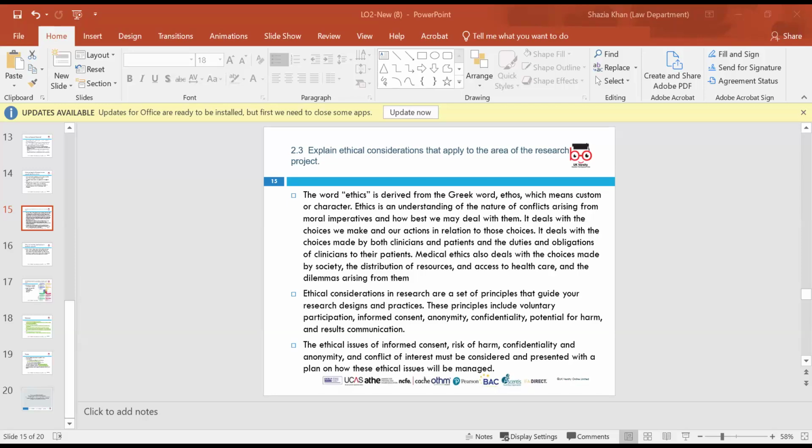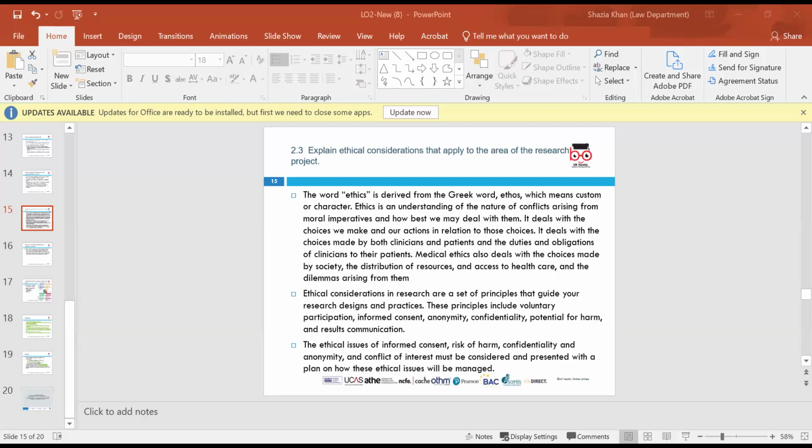Especially in health and social care, when you're looking at the element of harm, because you're protecting the safety of the volunteers in the research, you have to protect what they want.